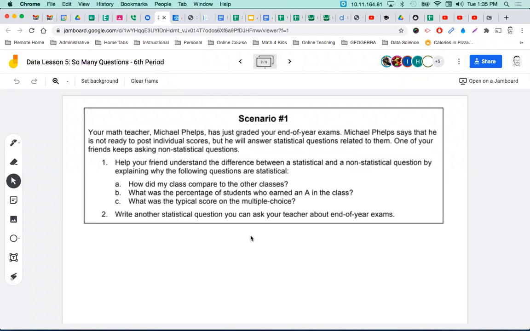Because even if you're posting a question that probably doesn't qualify as statistical, it's good for us to talk about that question. See if you can type a question in. Model it off the one up there.